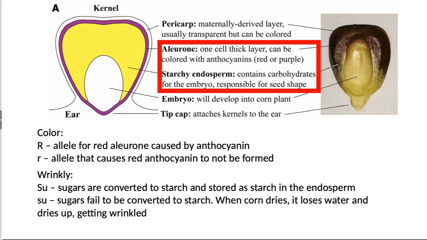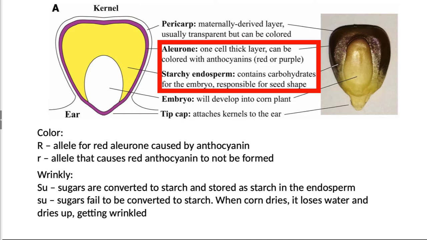Now, the color of the corn kernels is determined by a particular gene that has, for our purposes, two alleles. The first allele, which we're going to call big R, we'll see that it is dominant.